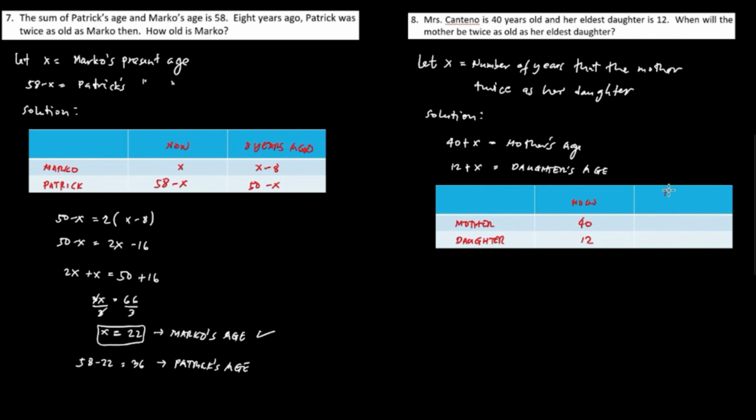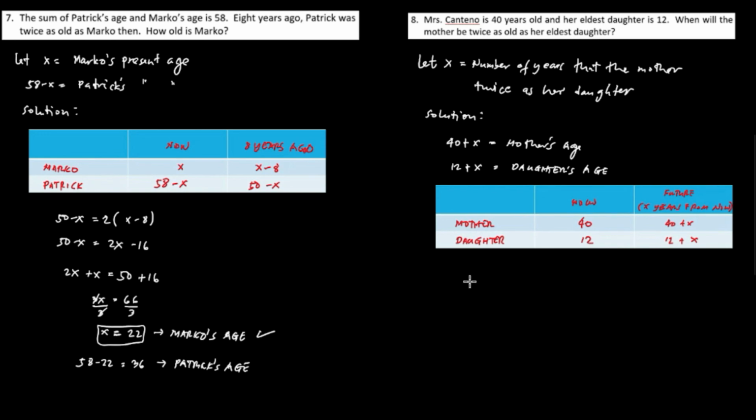And the future, or x years from now. And this is 40 plus x. And for the daughter's age, 12 plus x. And based on the second sentence, when will the mother be twice as old as her eldest daughter, which is the future, which is x years from now.